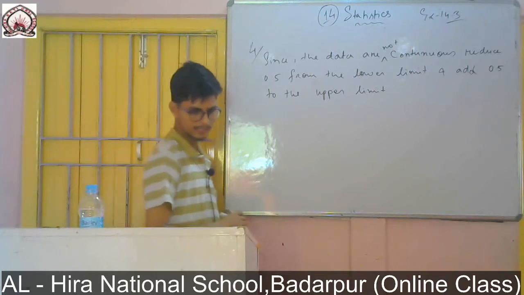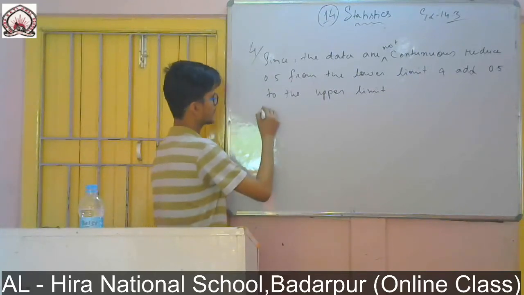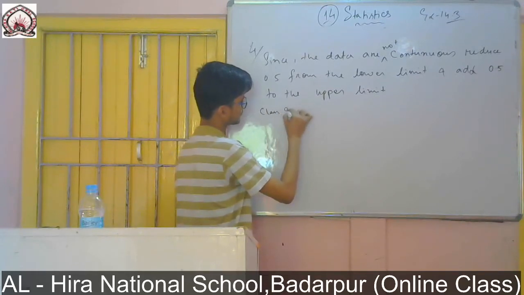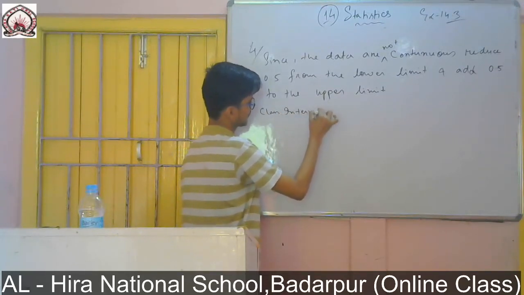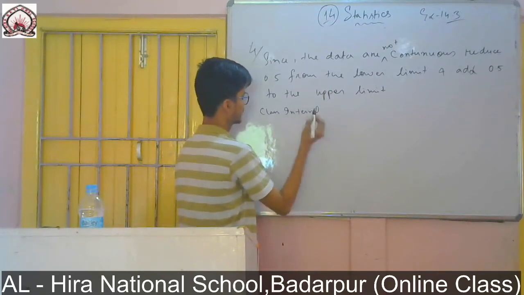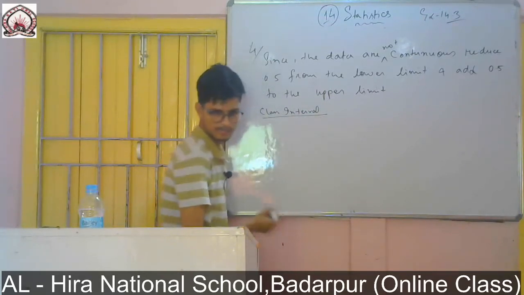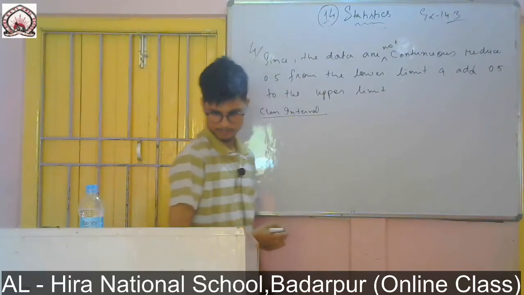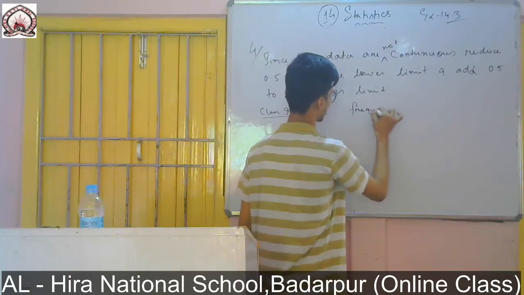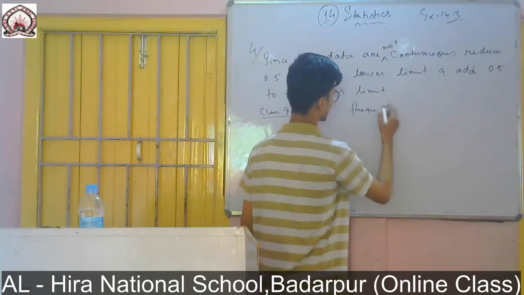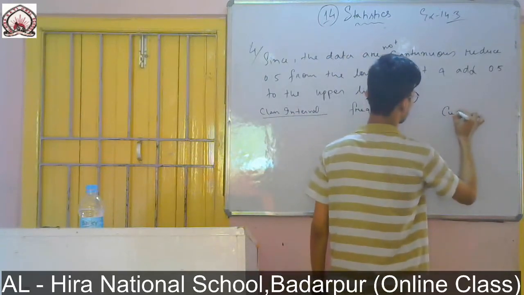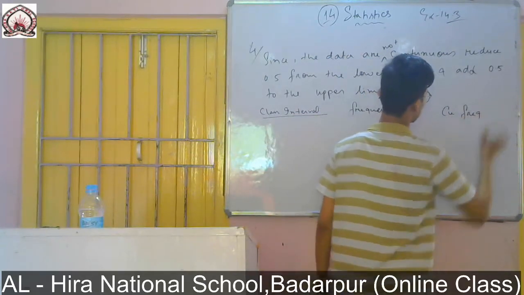Now I will make this table. You write: class interval is given. If you want, you can write the line which is given, length in millimeter, or you can write it like this. Class interval given, then number of leaves given, that is the frequency, and at last the cumulative frequency.